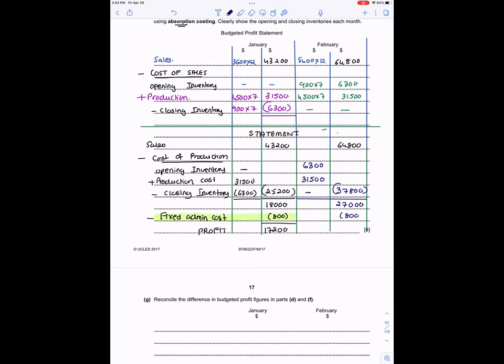Fixed cost is 800. $26,200. My total profit is 43,400.